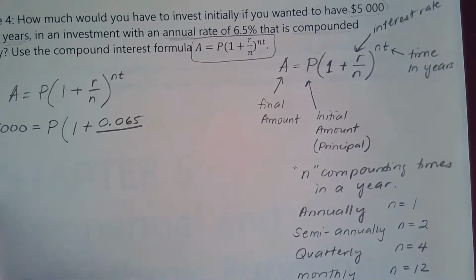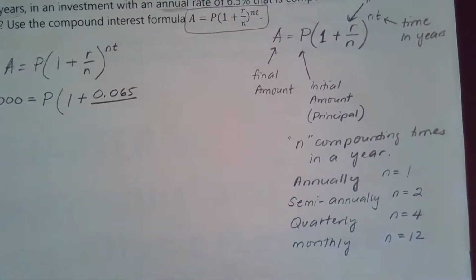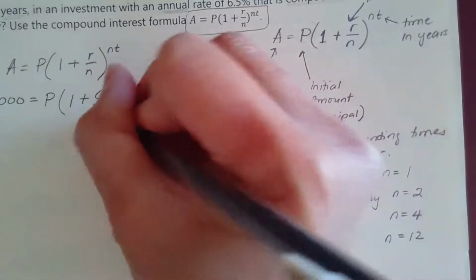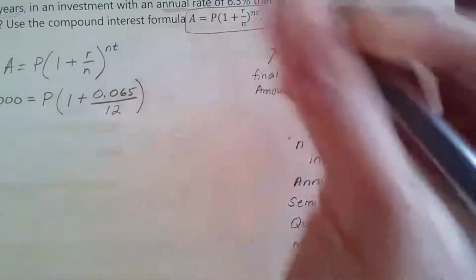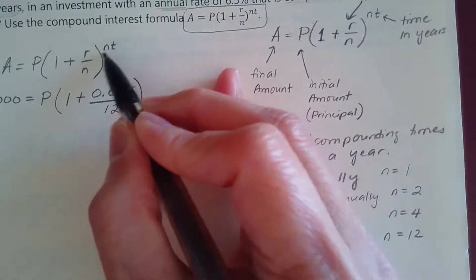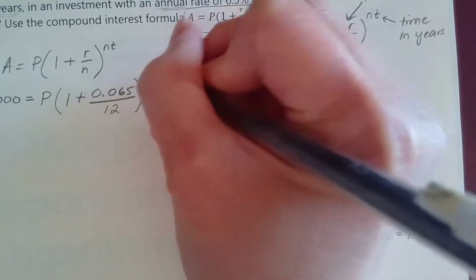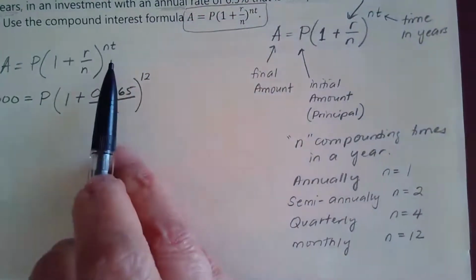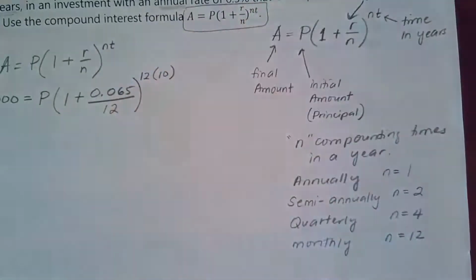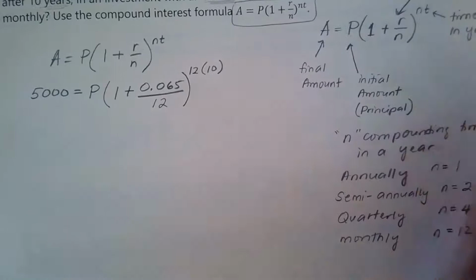If it's compounded monthly, we have to use n equals 12. So we see n here in the denominator, and then we see n up here as an exponent. So we're going to put n in 2 different places. And then the t is 10 years.